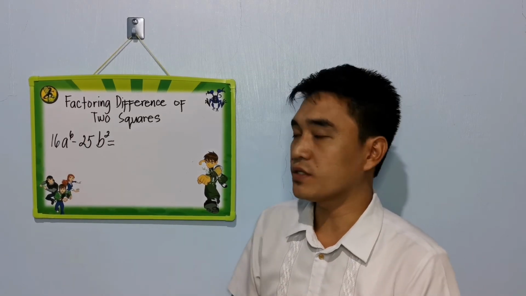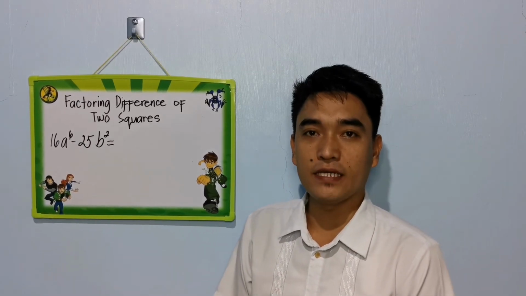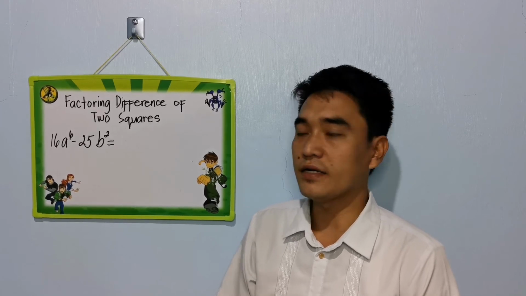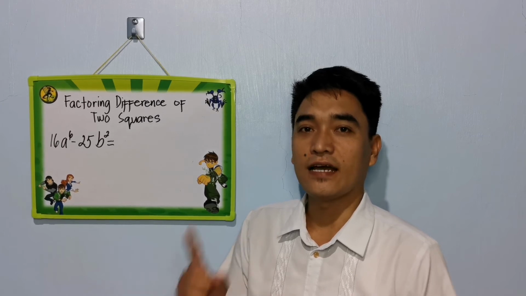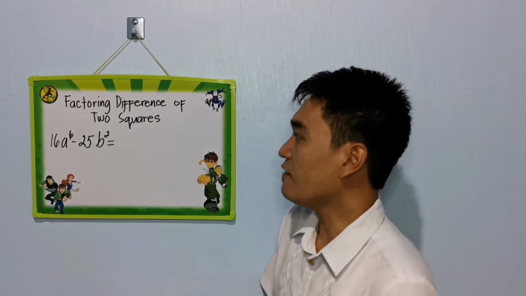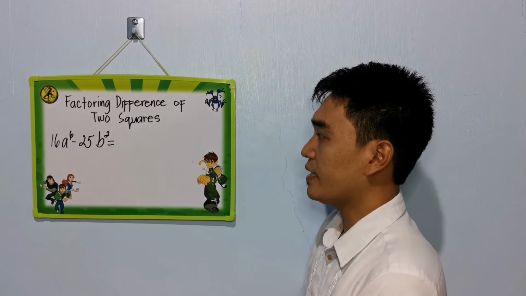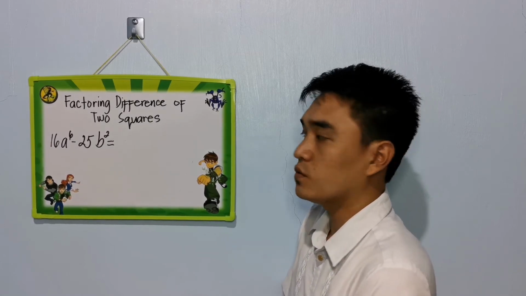Let's have the second example: 16a to the 6th power minus 25b squared. Are the two terms perfect squares? The answer is yes. So we have to express the two terms in the power of 2.